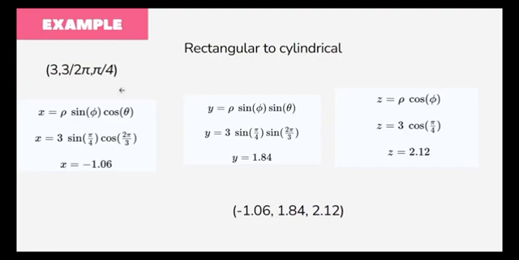For y, its formula is y is equal to rho sine of phi sine of theta. Then y is equal to 3 sine of pi divided by 4 sine of 2 pi divided by 3.